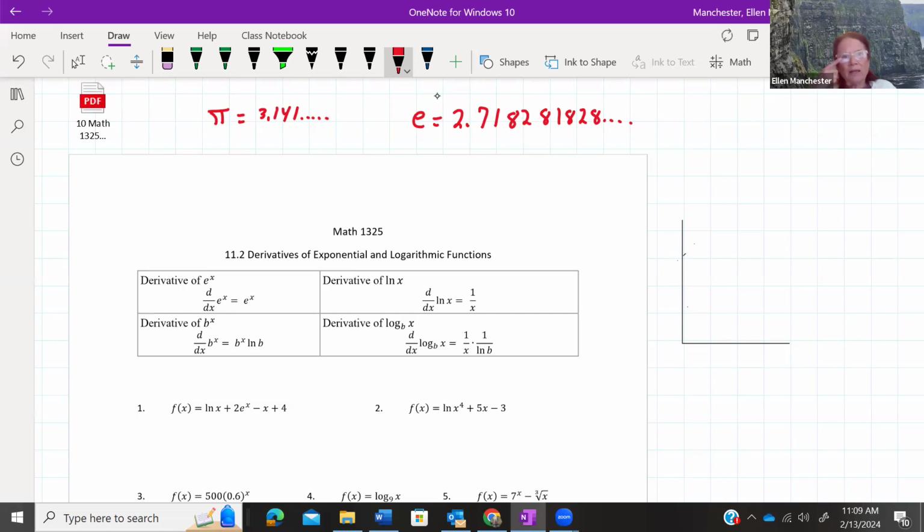If you remember in 1324, in the finance chapter, you used e a lot when doing continuous compound interest. Your money is growing. That's what e represents.